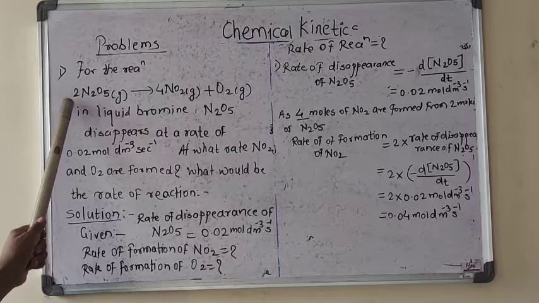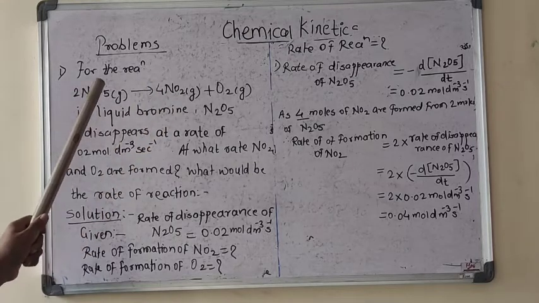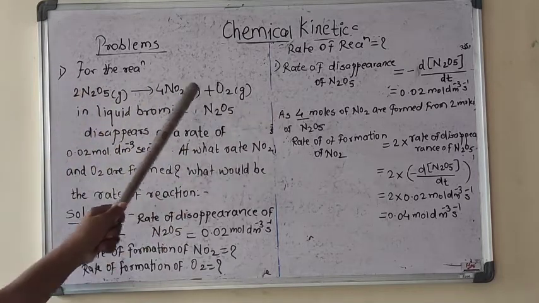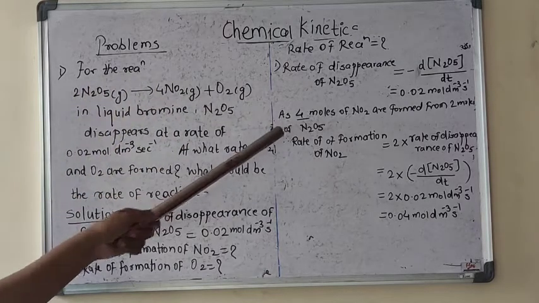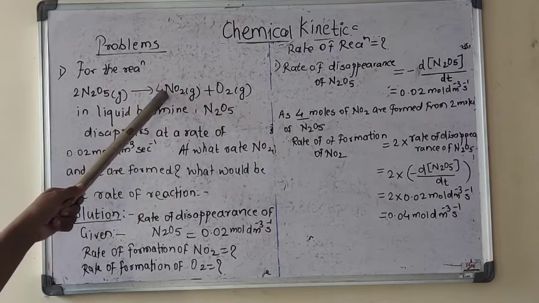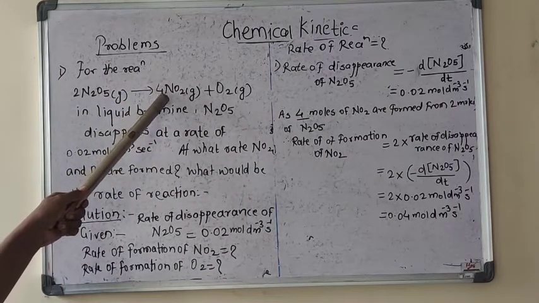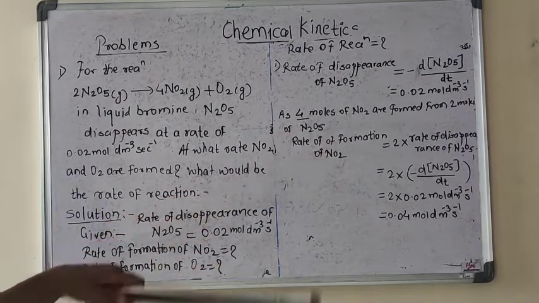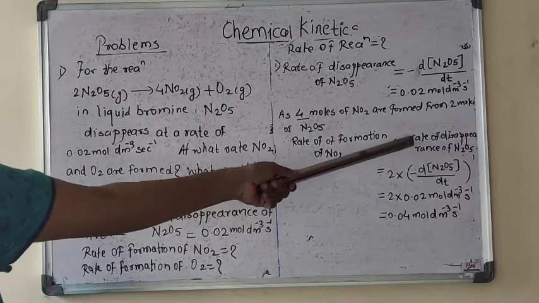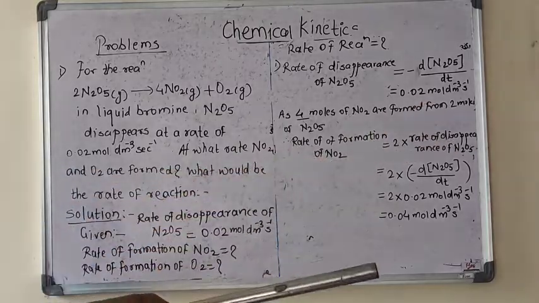So we are considering NO2 and N2O5. 4 moles of NO2 are formed from 2 moles of N2O5. That is, we are calculating the rate of formation of NO2. So the rate of formation of NO2 is 2 times the rate of disappearance of N2O5.